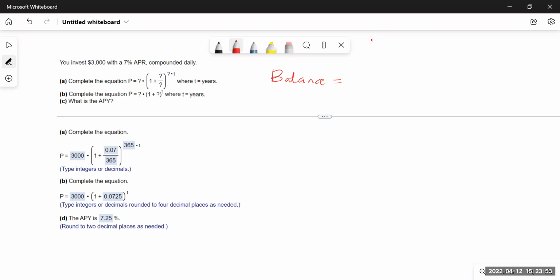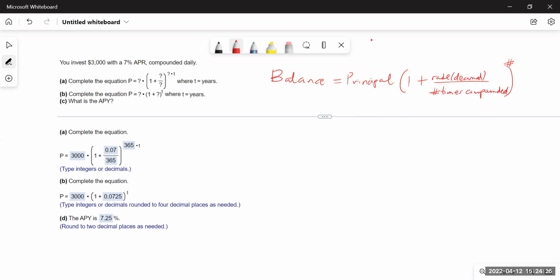Which has the balance is equal to the principal, or the initial. Okay, so let me do principal, 1 plus the rate, and the rate must be a decimal, over the number of times compounded, and then exponent the same number of times.